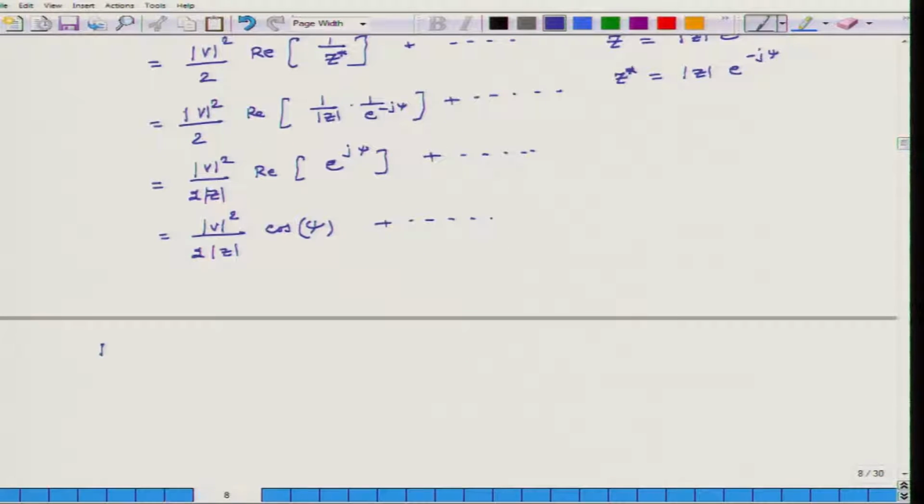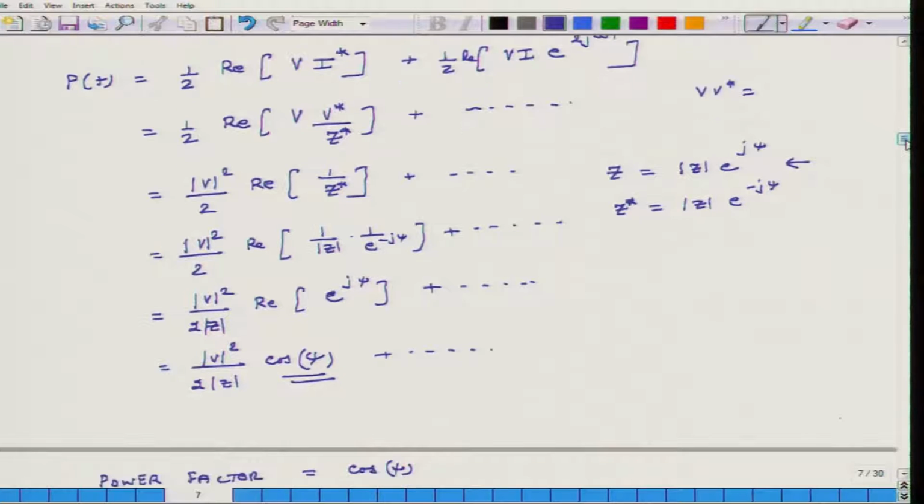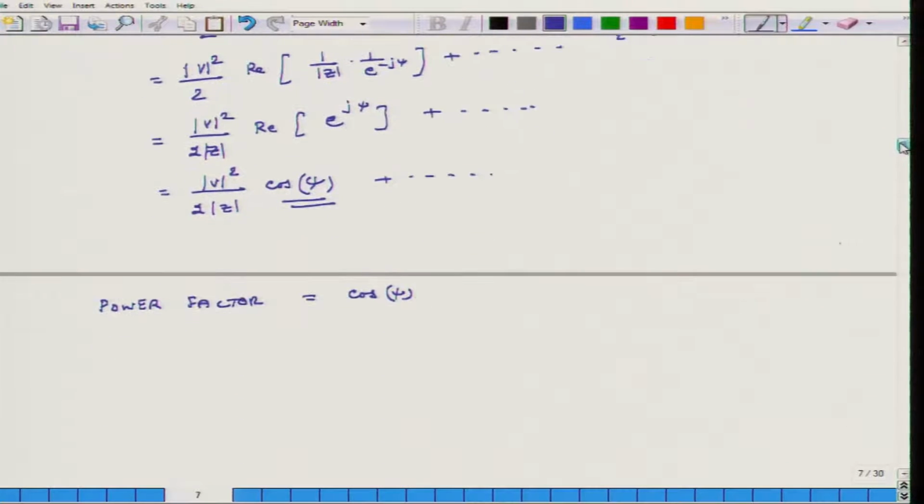So, power factor is defined as cosine of psi. If this cosine term is 1, essentially it means that the impedance is purely resistive. If it is not exactly 1, then there is some reactive component in the system.